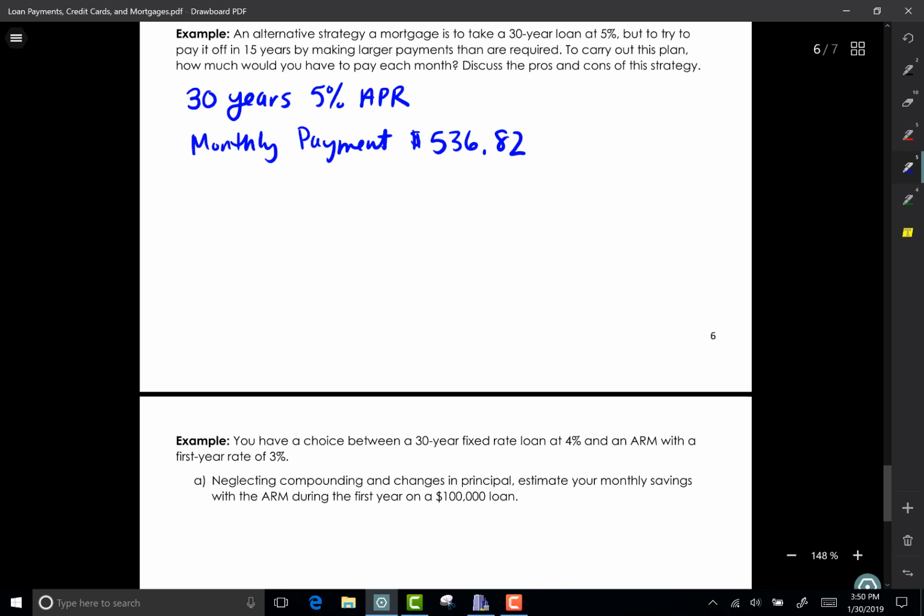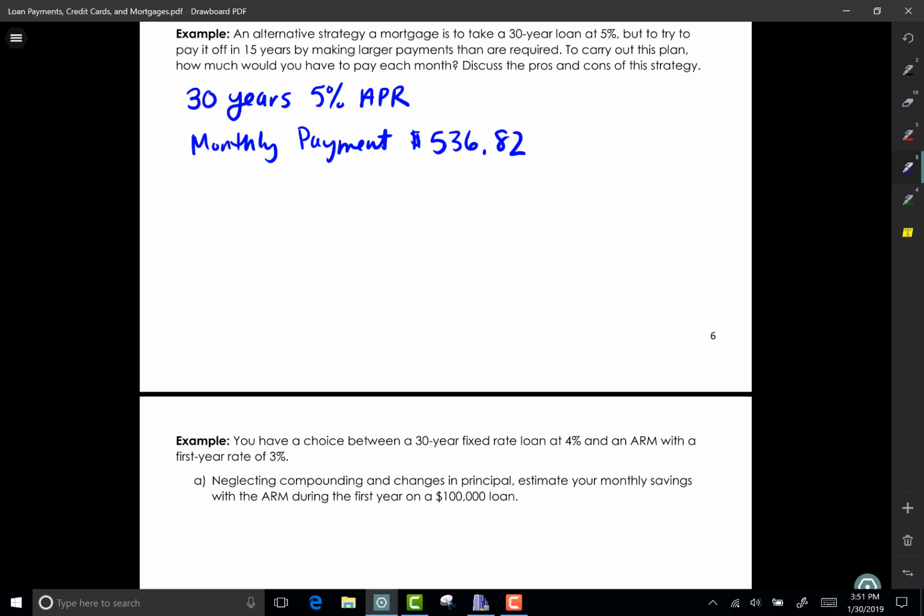Now, sometimes people will take out a 30-year mortgage, but pay more on it every month to try to get the interest down. So in this example, it's talking about that alternative strategy of taking out a 30-year loan but trying to pay it off in 15 years by making larger payments.